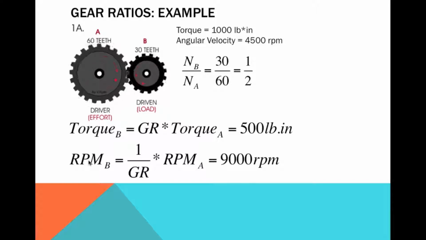Similarly with the RPM, if we have an input RPM of 4,500, then 1 over 1/2 is just going to be 2, because 1/2 goes into 1 twice, times the RPM of A, which gives 9,000.